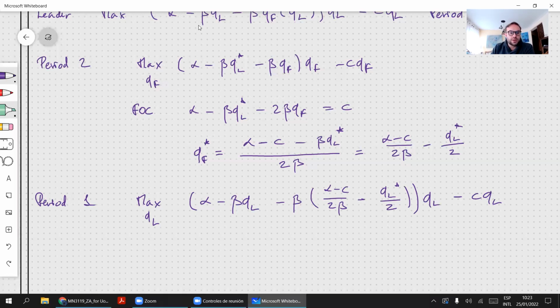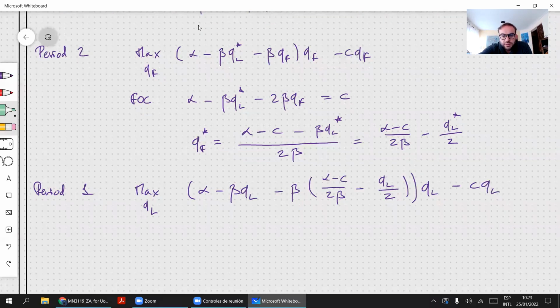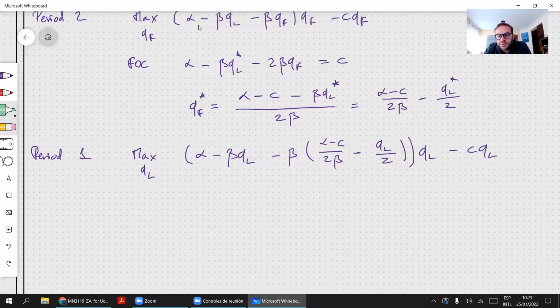And so I don't need a star here, sorry, my connection is a little bit unstable. I don't need a star there because now it's a decision variable for the leader. Before doing many derivations, you see that this expression is a little bit ugly. We can do some simplifications, right?